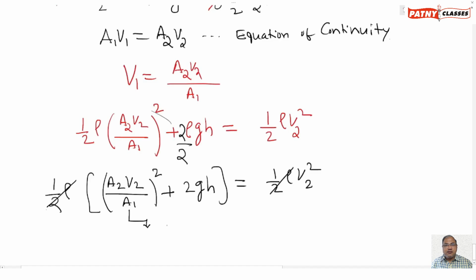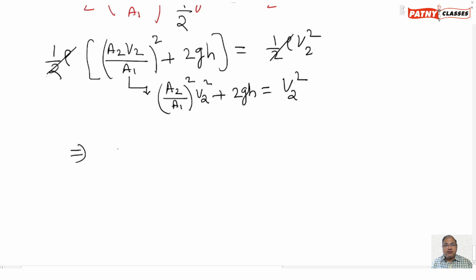This part can be written as (A2 divided by A1) whole square multiplied by V2 square, plus twice g h equals V2 square.